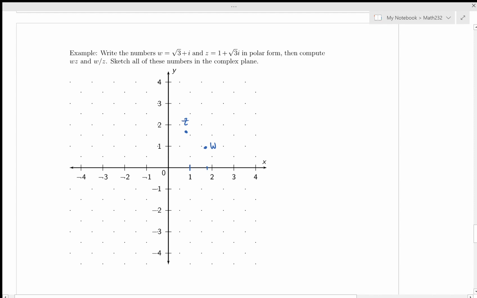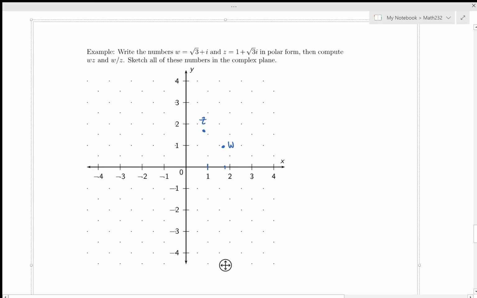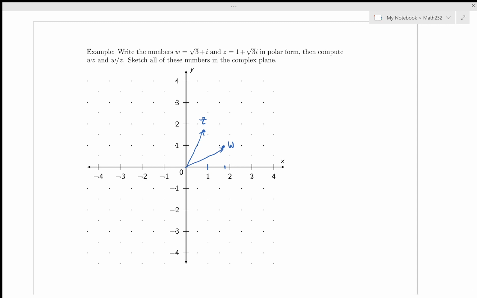Okay, I'm going to draw a line to W, and draw a line like that to Z, just to see those two things and make it a little clearer exactly where they are. W is root 3 plus i. Now we want to put this into polar form.